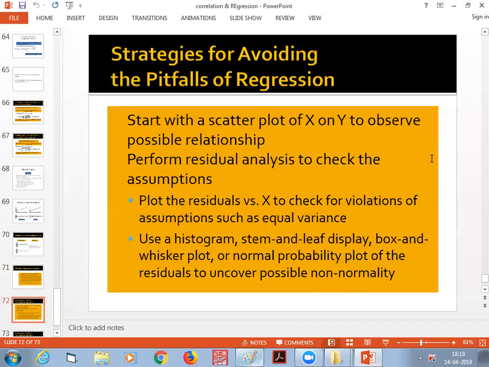Perform residual analysis to check the assumptions, that is the linearity assumption, then the normality assumption, etc. Plot the residual values against x to check violations such as unequal variance, that is the homoscedasticity. Use a histogram, stem and leaf display, box and whisker plot, etc., and the normal probability plot of the residuals to check the normality.